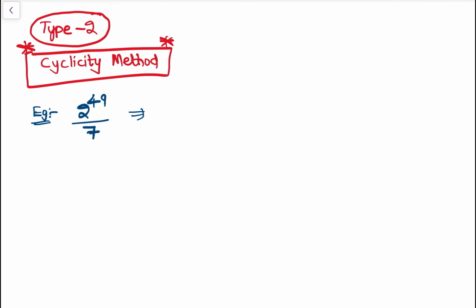So for this we will go with cyclicity method. See that is, पहले 2 to the power 1 divided by 7, that is 2 divided by 7. So overall remainder is 2.